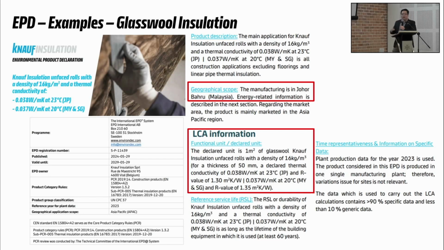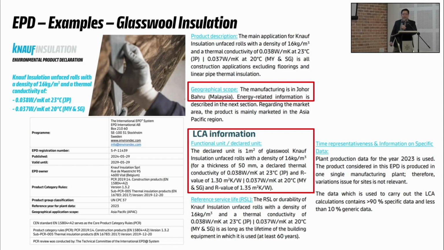Okay, if you have a separate EPD of a similar product, but measuring in ton, then you are not comparing apple to apple. So when you are comparing, making interpretation across different products or similar products, make sure the scope and the functional declared unit has to be the same.